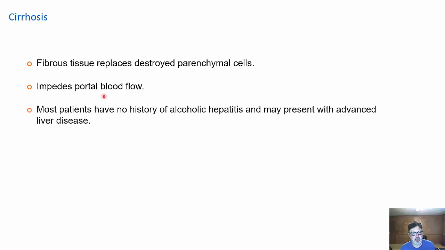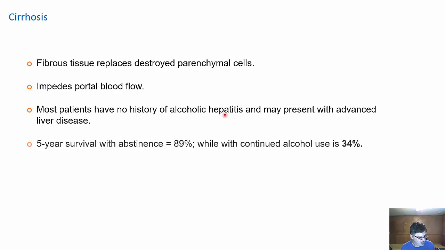Now, this can be alcoholic or non-alcoholic, but if we think of alcoholic cirrhosis, a lot of times you'll see patients go through a stage of hepatitis first and then through cirrhosis. But you'll also see that a lot of patients, in fact, most patients, have no history of alcoholic hepatitis. They go straight to cirrhosis.